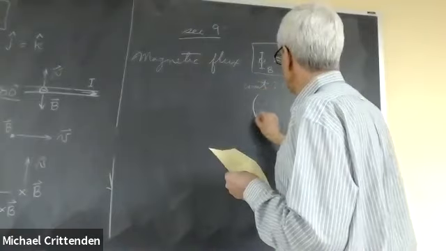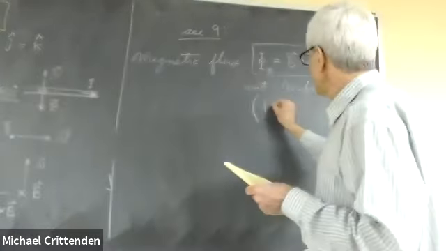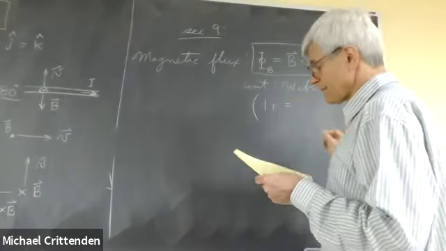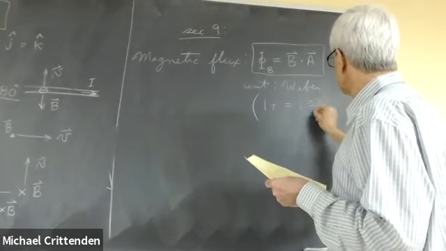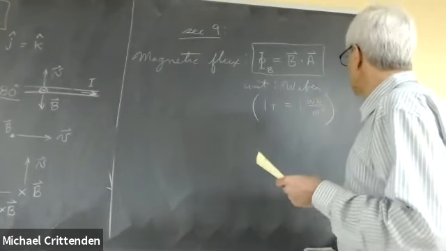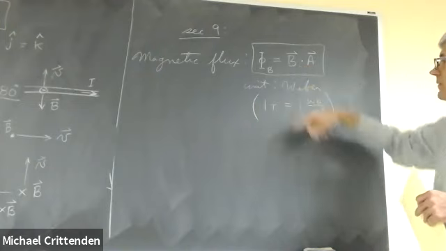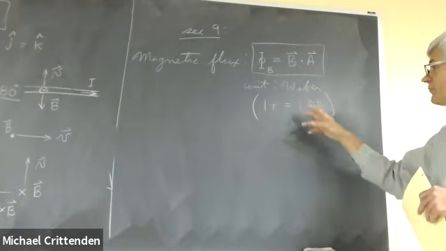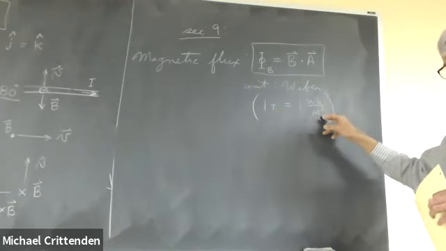The relationship to other units we've already looked at is that 1 Tesla is equal to 1 Weber per square meter. B equals phi over A. The strength of the field is the flux density, okay?